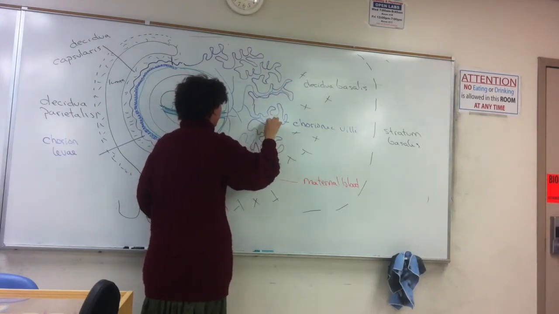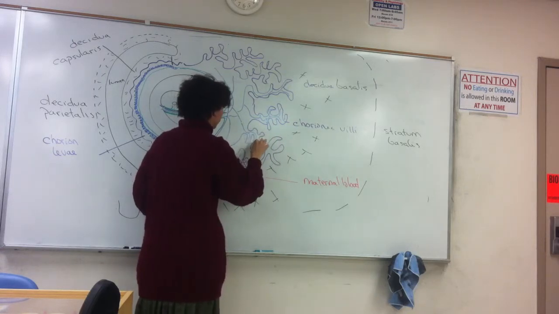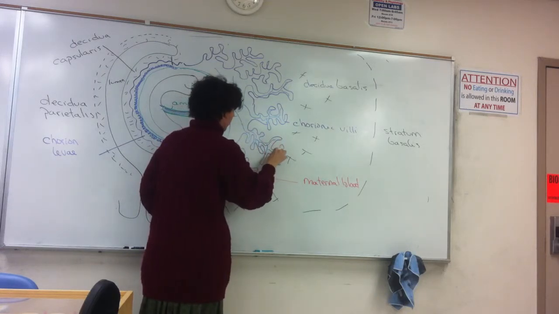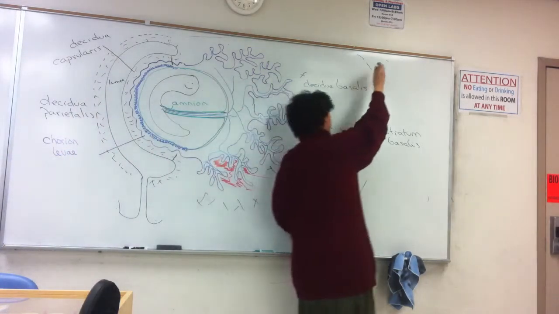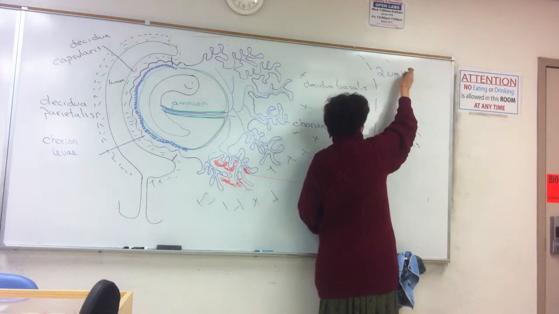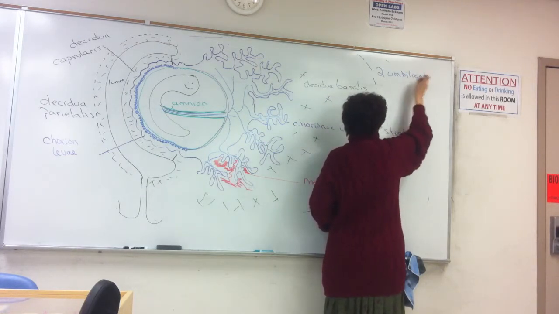Even though they're outside the fetus, they're identified as fetal capillaries, and they contain fetal blood cells because they will re-enter the fetus. And these 2 vessels are known as umbilical arteries.